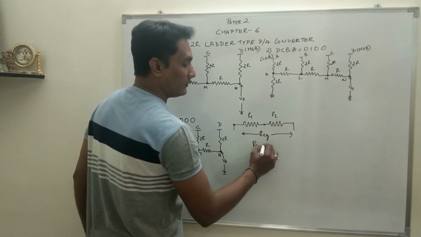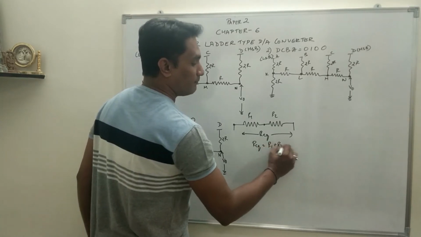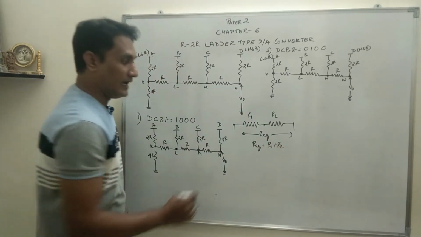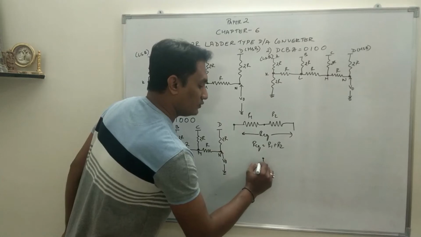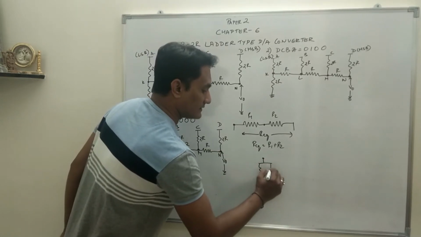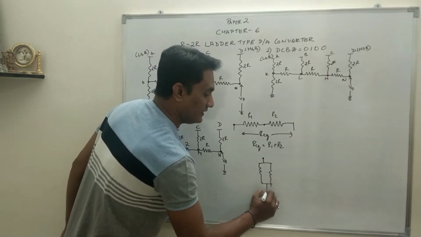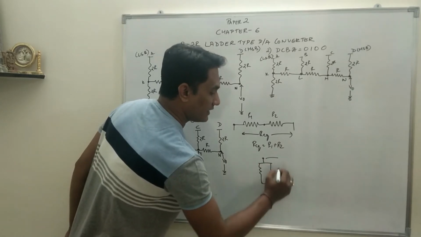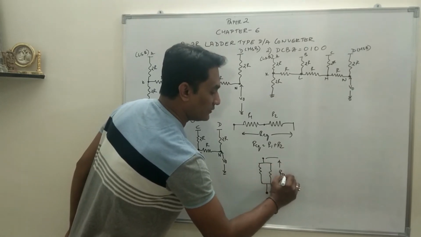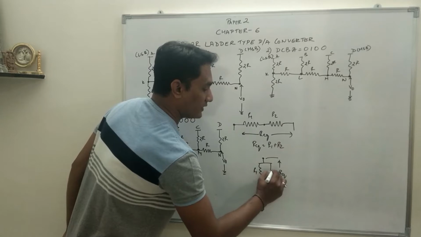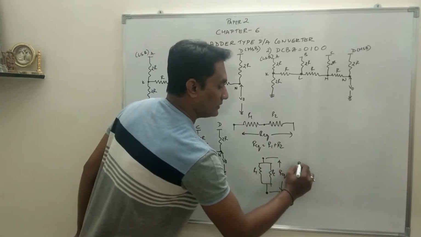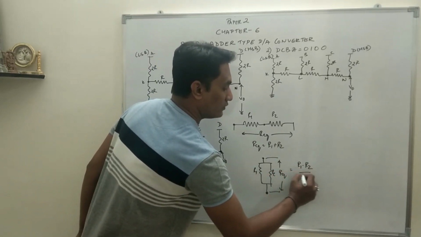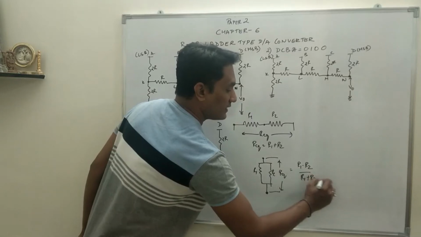So R equivalent is R1 plus R2. And if the two resistances are connected like this, that means they are connected in parallel. R equivalent between these 2 points will be R1 into R2 upon R1 plus R2.